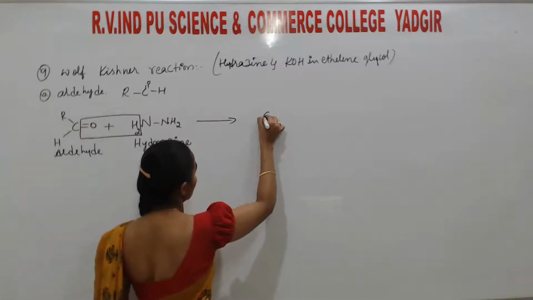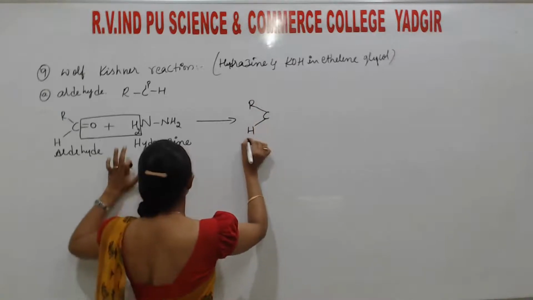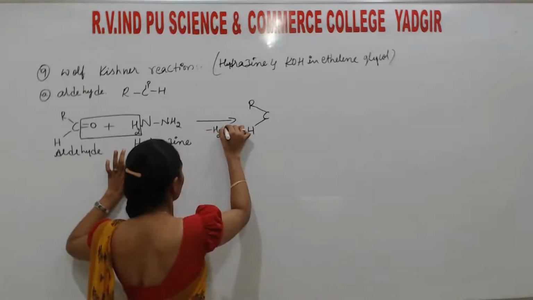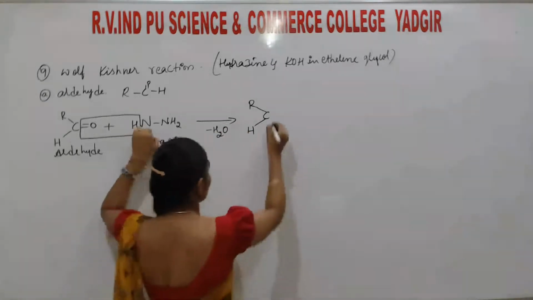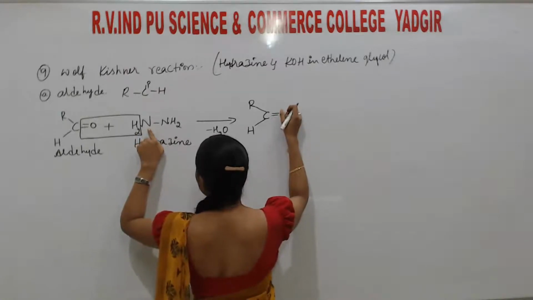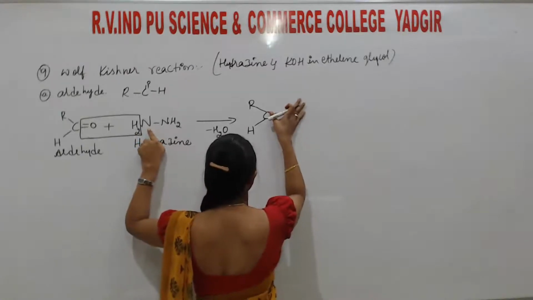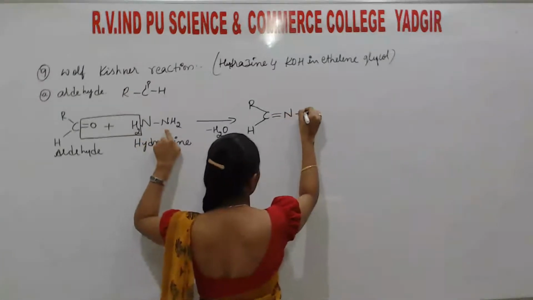That is C, R, H. So H2O is eliminated. I will represent it like this. Next one is double bond, single bond.